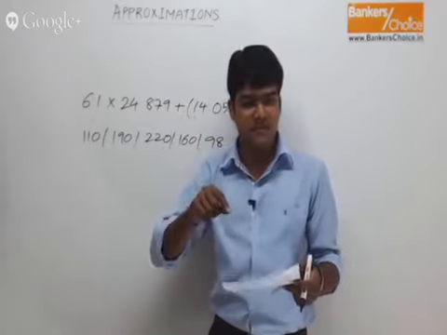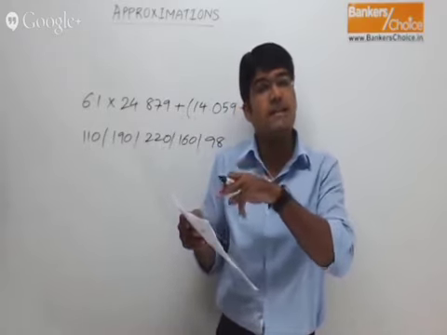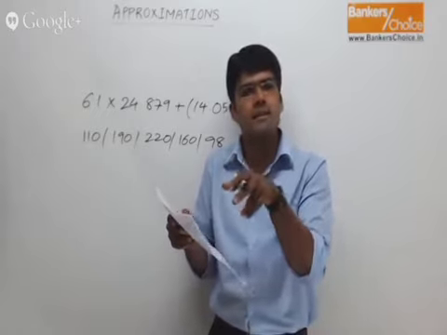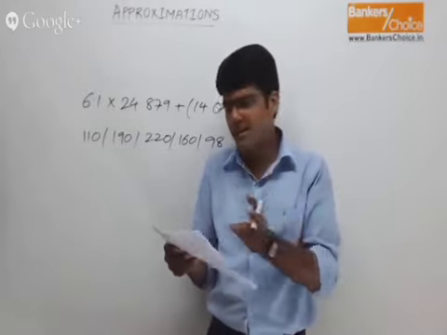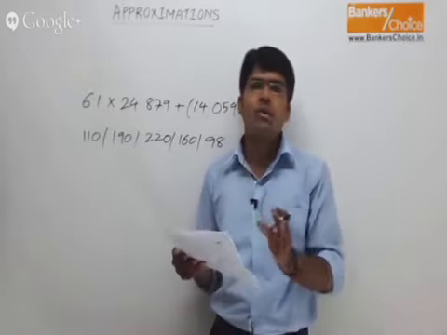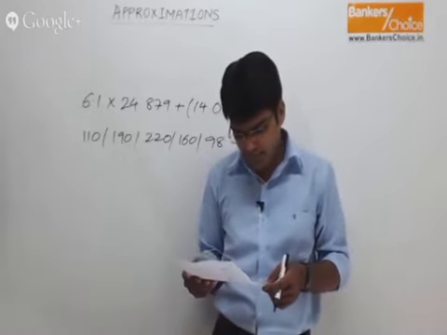Actual answer should be less. Are you able to follow? The actual value is less, 5.856, so the actual product will be less, and the actual answer will also be less than the 9000 you have got. So less than 9000 here is 8800. This is how you can analyze whether it is more or less and accordingly mark the answer.